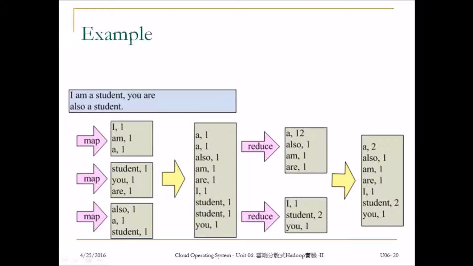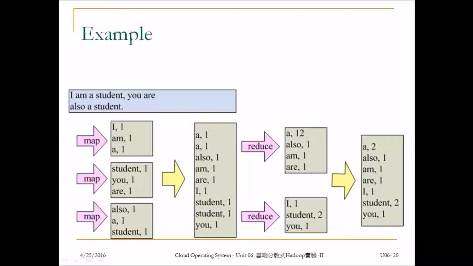Each word or vocabulary will be the key. For example, in the first task tracker, I am a. It means the first key will be I, the second key will be am, the third key will be a. And these 3 keys only appear once individually in this task.